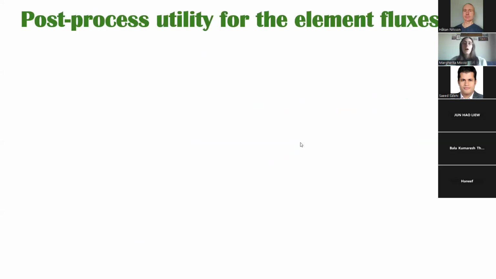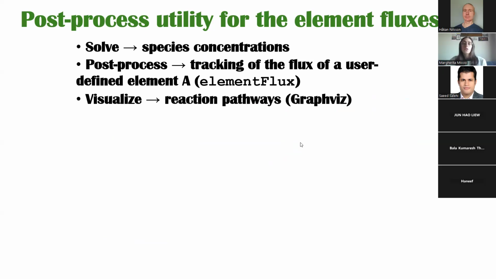Now, let's understand how this is implemented in the post-process utility I developed. First of all, we need to have solved the Navier-Stokes equations, and we need to already have the information regarding the species concentration in the domain.